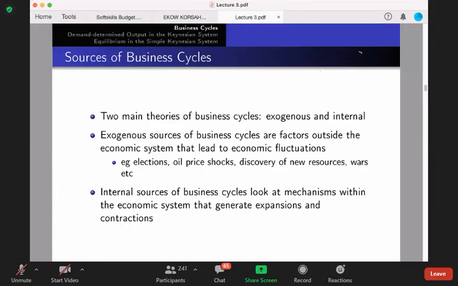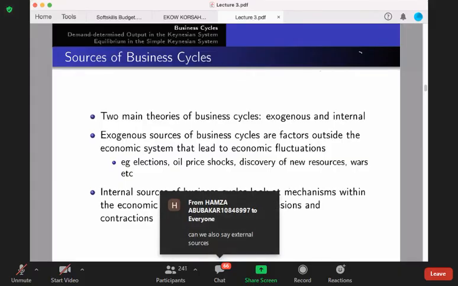When there is a war, immediately the GDP will drop. When there's COVID, GDP will drop. Those are exogenous. They are outside the economic system, things outside the economic system that lead to what? Economic fluctuations.